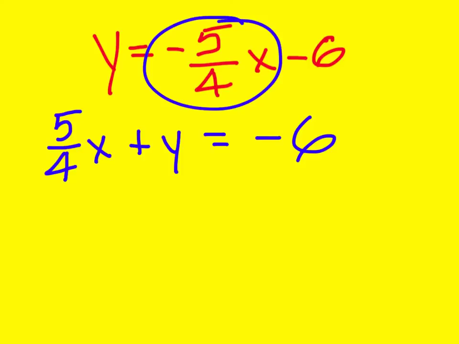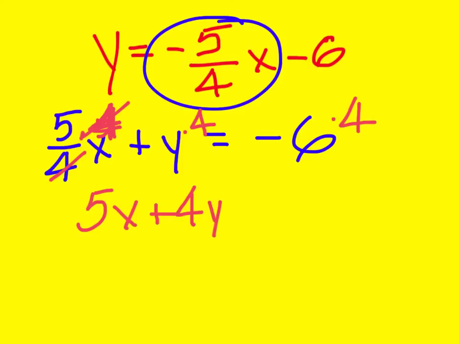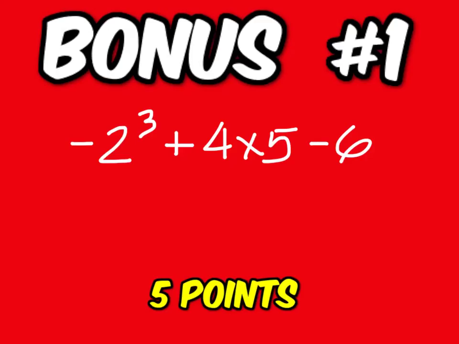So to get rid of the fraction, you multiply everything by 4, the number in the denominator. These cancel, so you have 5x plus 4y equals a negative 24. Answer to the bonus should be 6.